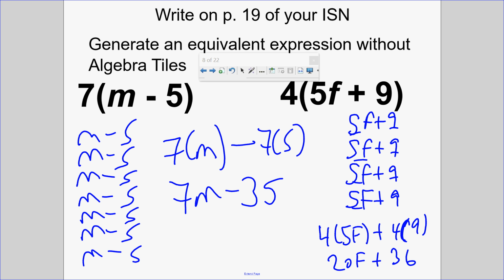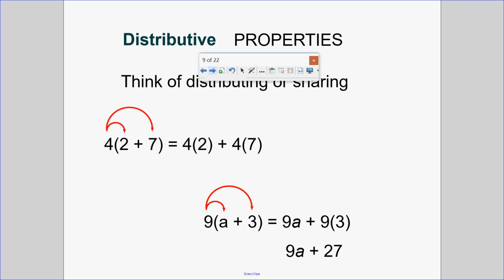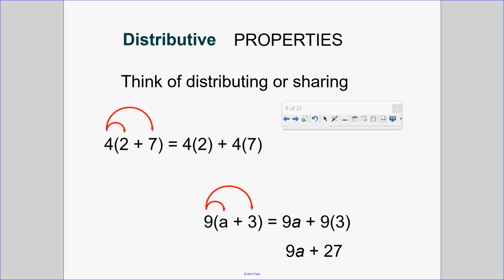So we've done it using algebra tiles, representing it. But now, see if we could do it more mathematically. The distributive property: think of the word distribute.